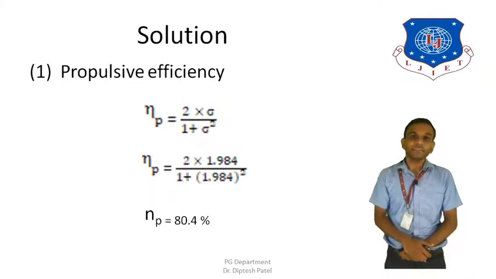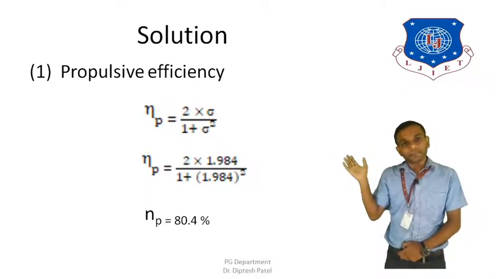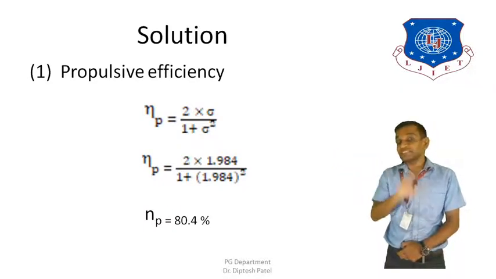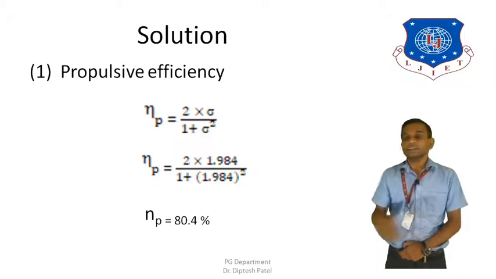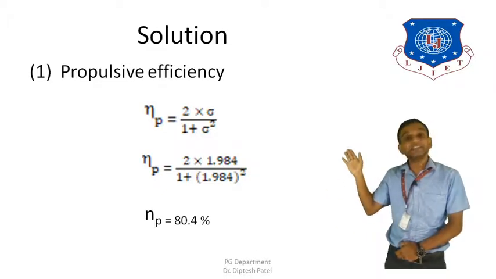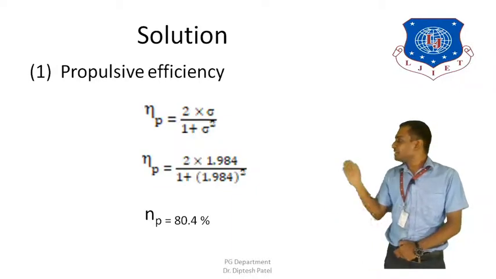Okay. Now next, we need to find the propulsive efficiency, and I am going to use sigma to find it. The equation is slightly different from what we used for the jet engine. Here the equation for the propulsive efficiency, eta P, is equal to 2 into sigma divided by 1 plus sigma square. So I am going to put the values in this equation.